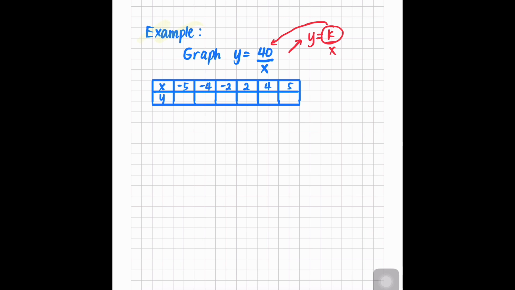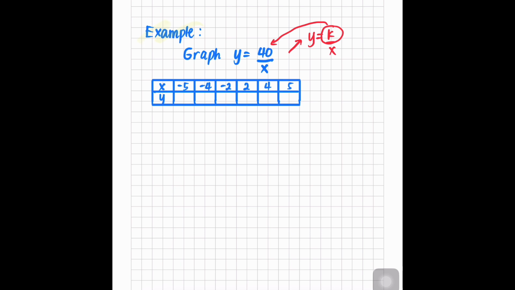The x variable is an independent variable, meaning that you can assign any values of x that you want, and for every value of x that you assign, you will definitely get a specific value for y. Our next goal before graphing it is to complete the table.